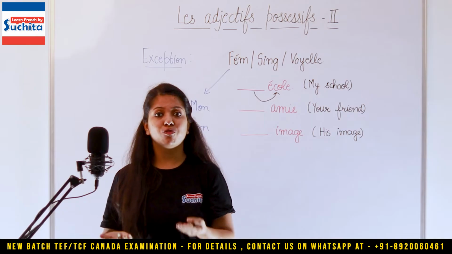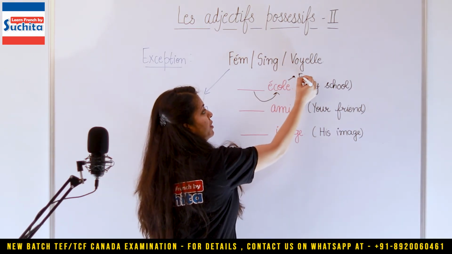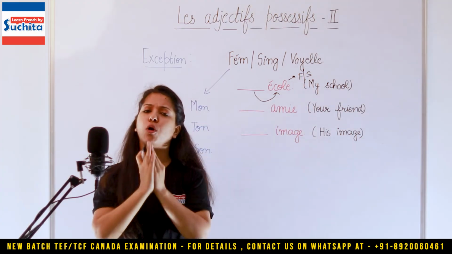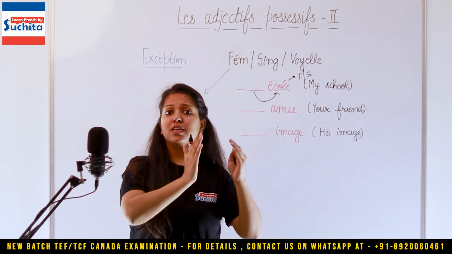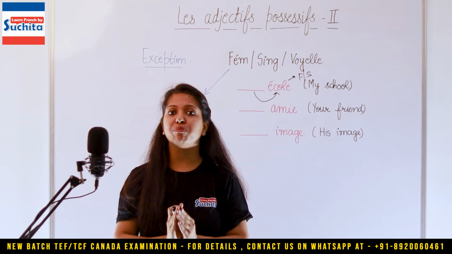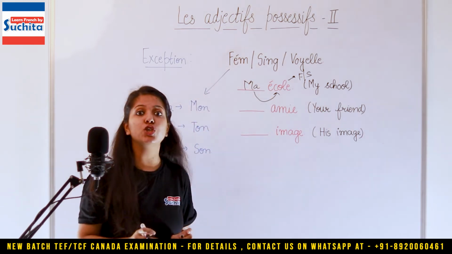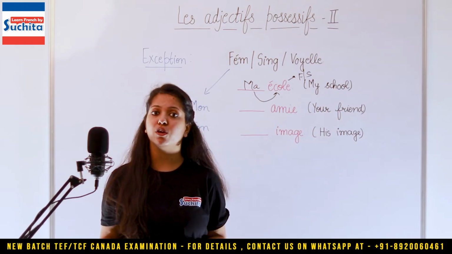That is of course féminin because that ends with an E. So, that is féminin and singular. According to the normal rule, under the feminine singular you had ma. So, it should have been ma école, because école is feminine singular.